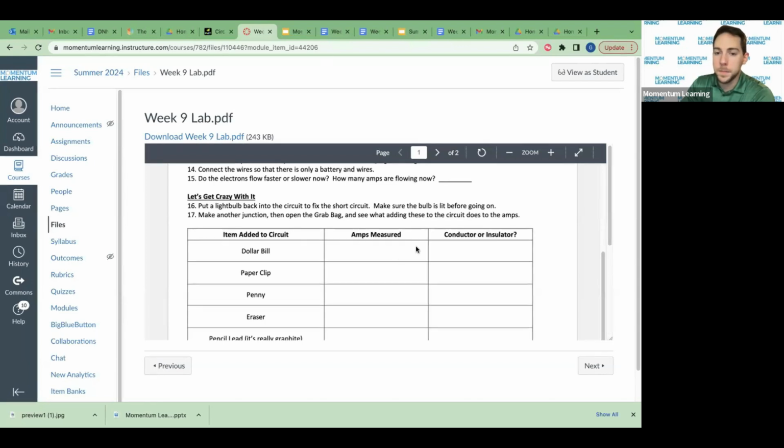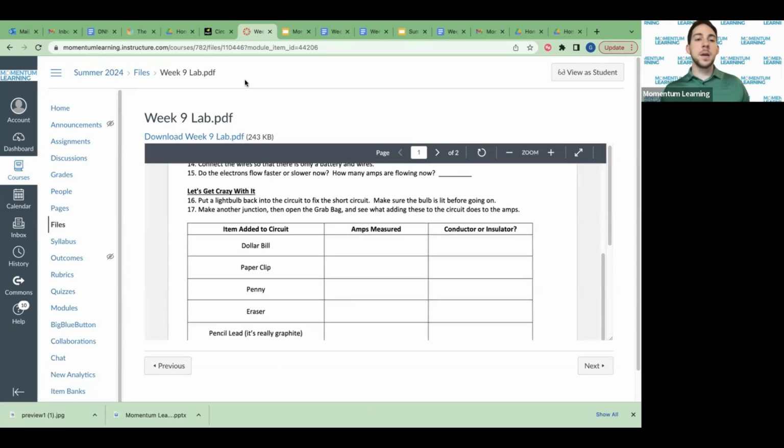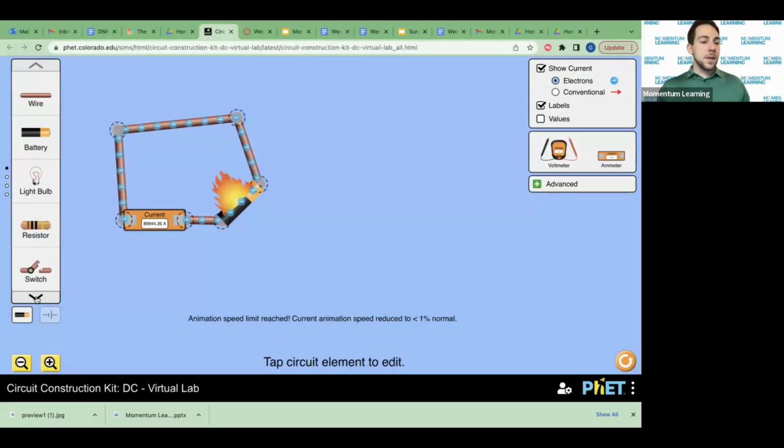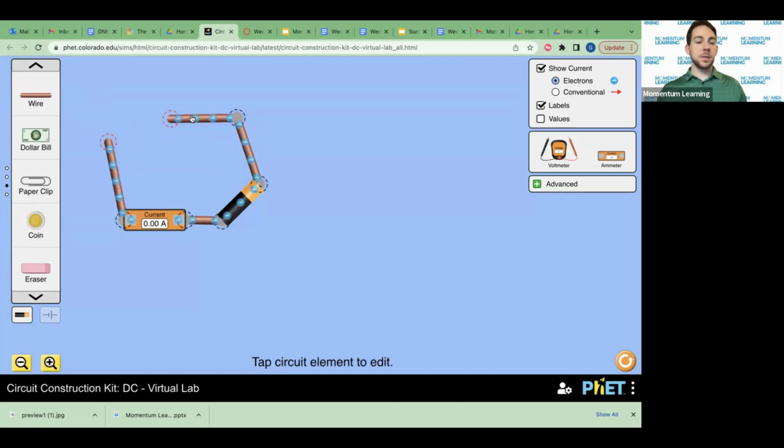Insulators resist or prevent the flow of electricity through them, right? A good conductor would be like copper. A typical insulator would be like rubber or plastic, right? So then we would select the objects, add them to our circuit, and then observe the effects.